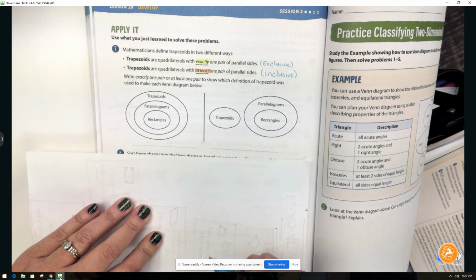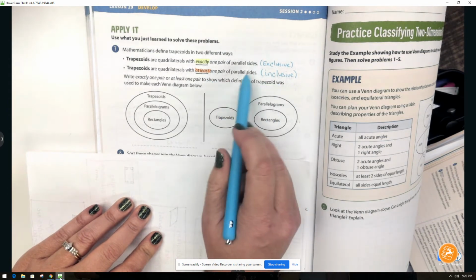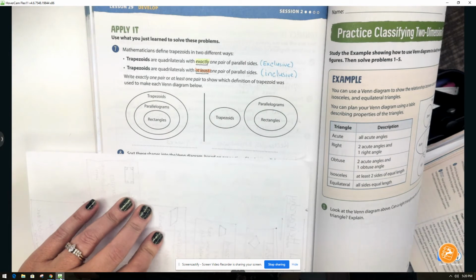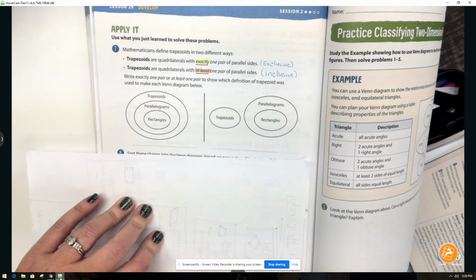So when I think of the word inclusive, that means we're bringing it all together, and it's okay if you only have one set of parallel sides. It's okay if you have two parallel sides.